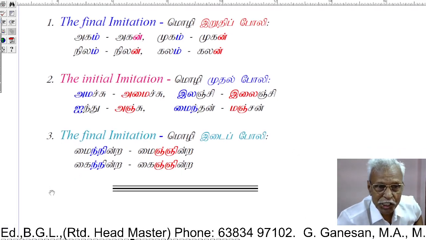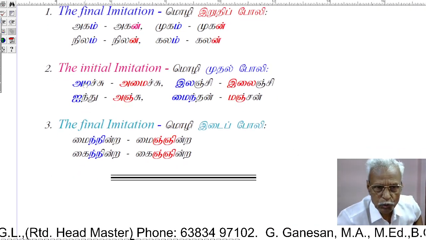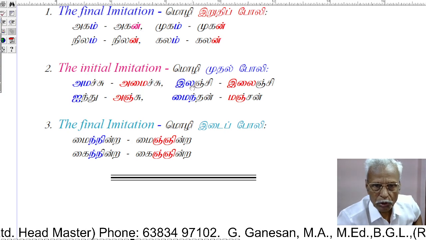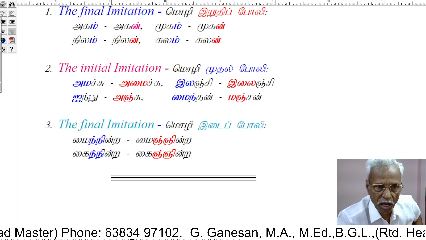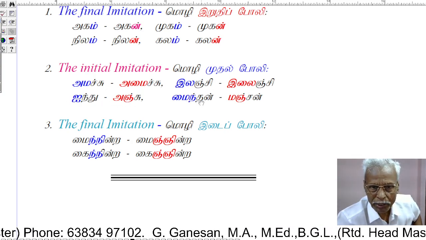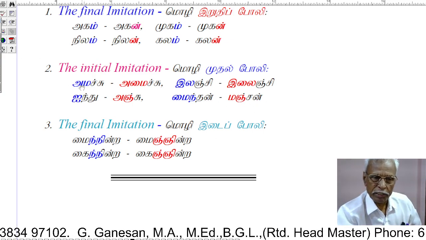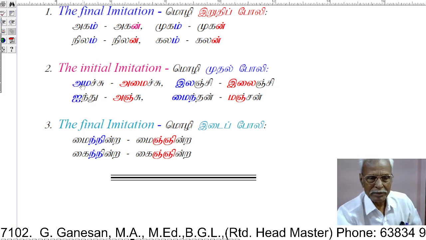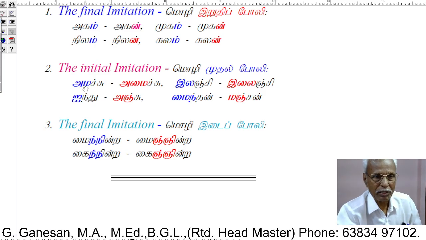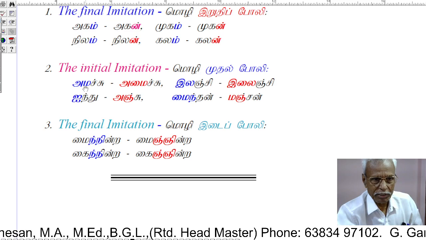That is the initial position. You see, amaichu, amaichu, ilanchi, ilainchi, aindu, anchu, maindan, mainchan. Here the beginning letters ama are the original beginners.